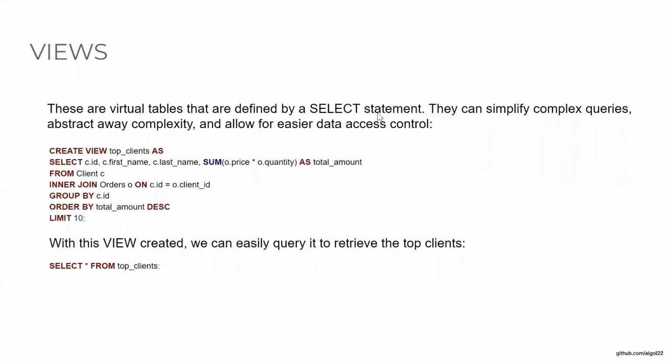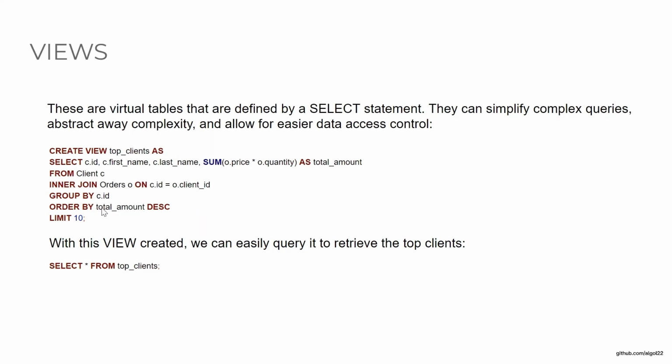We use virtual tables that simplify our queries. In this example we select top clients, and we select top clients by the total amount of their orders. In this way we multiply our prices by quantity, and we also join our clients with orders and limit and sort our result set.